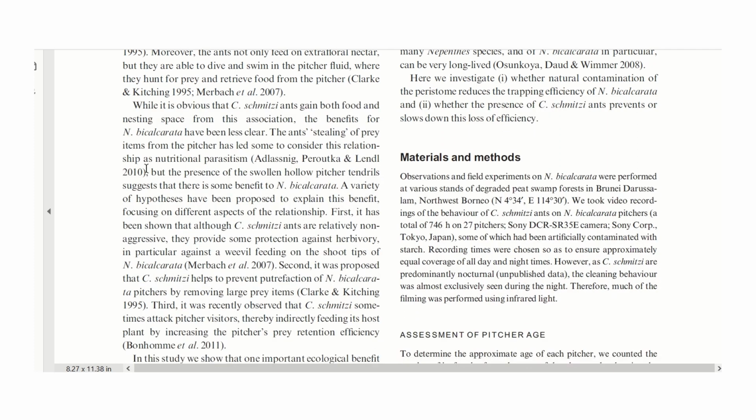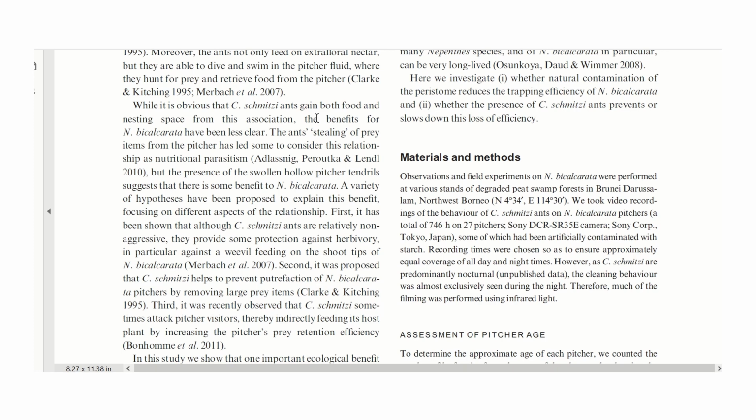It says here, while it is obvious that this particular species of ants gain both food and nesting space from this association, meaning the association with these ants and this particular carnivorous plants called pitcher plants, they said that the benefits for N. bicalcarata, which is the pitcher plant, have been less clear.